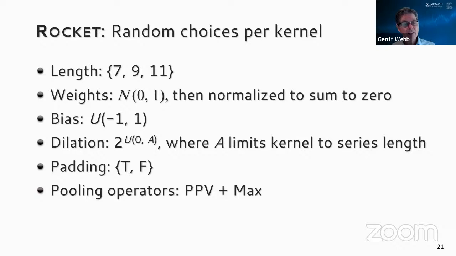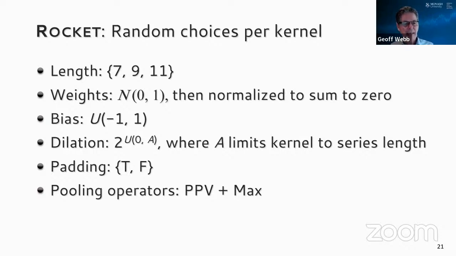It then selected the bias randomly using a uniform distribution between 1 and -1. It selected the dilation randomly, resulting in dilations which are powers of 2 between 1 and the maximum, which is no longer than the series to which we want to apply it.